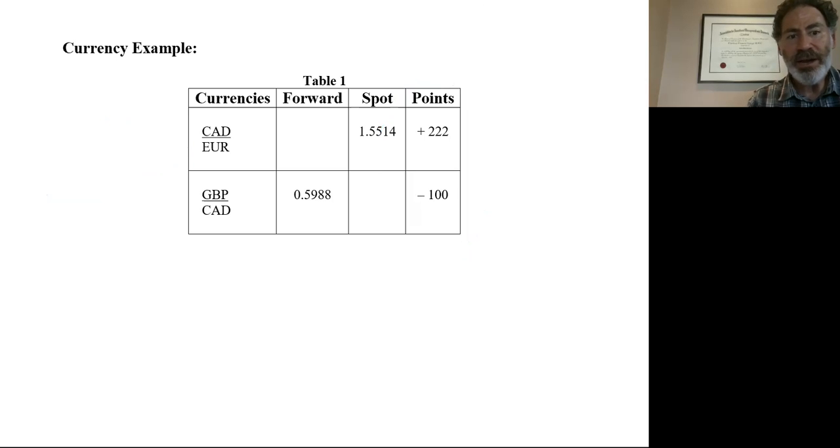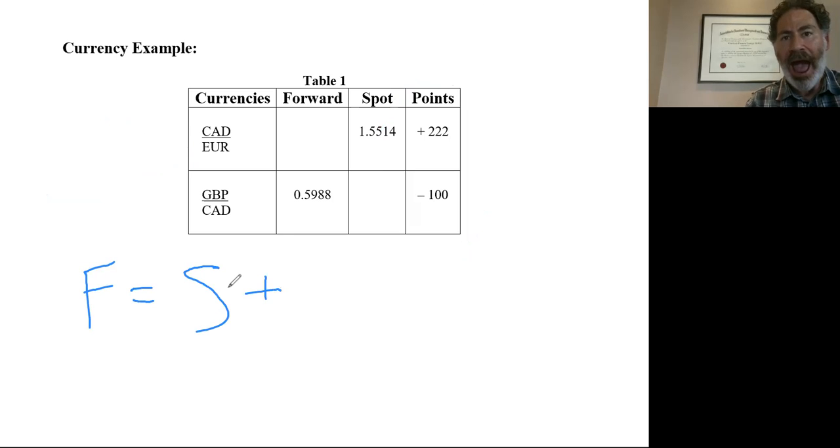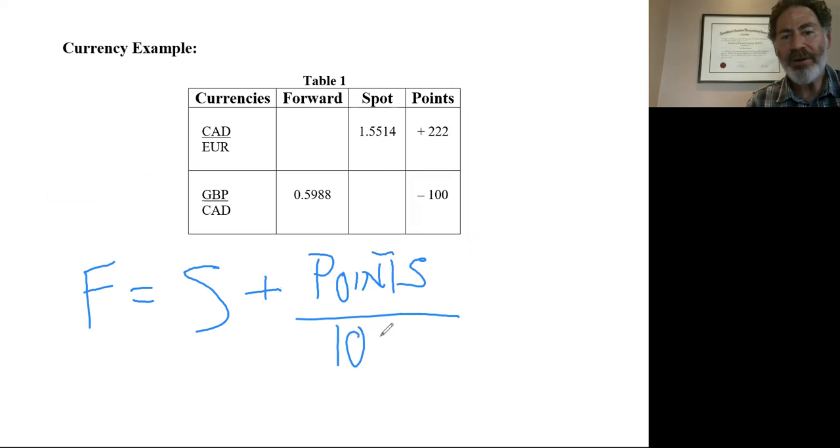Step two, just to think about the forward rate, the forward exchange rate. There's a relationship here. We've got the spot exchange rate. And now what we're going to do is add the points, and those points are going to be scaled by 10,000.